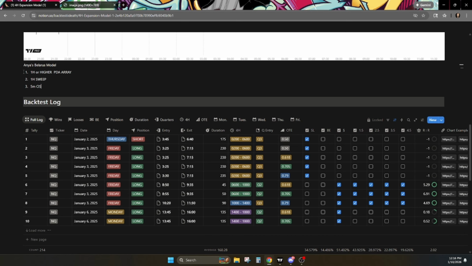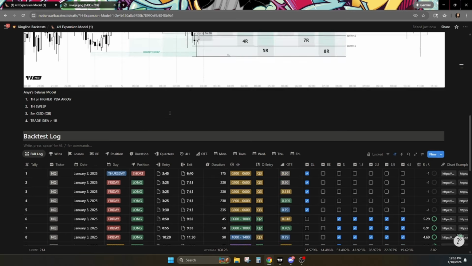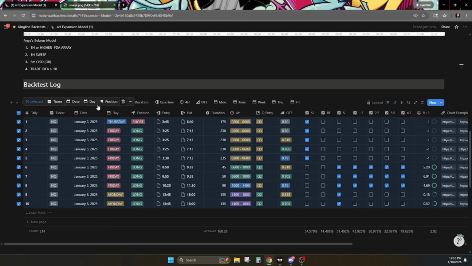Then a 5 minute CISD. And the idea has to be more than 1R. Very clean, simple rules. If you're ever duplicating this sheet and you want to use it for your own template, you would just select everything and delete it.